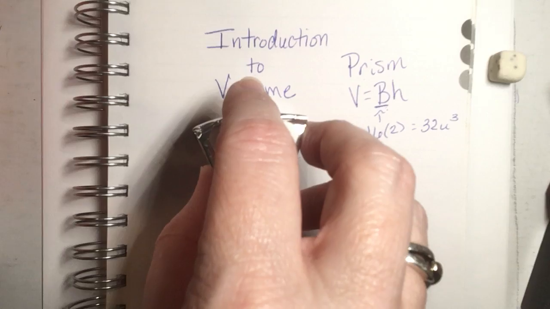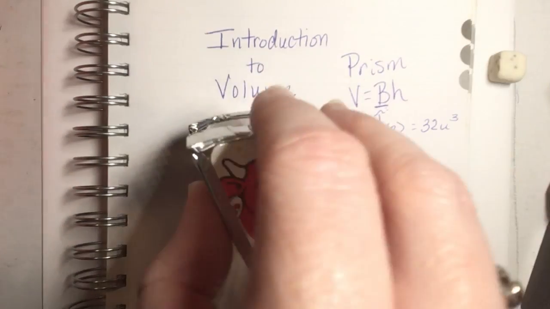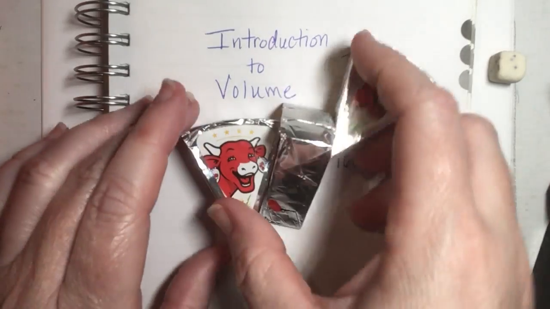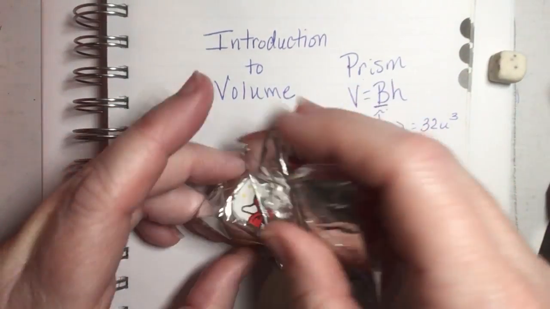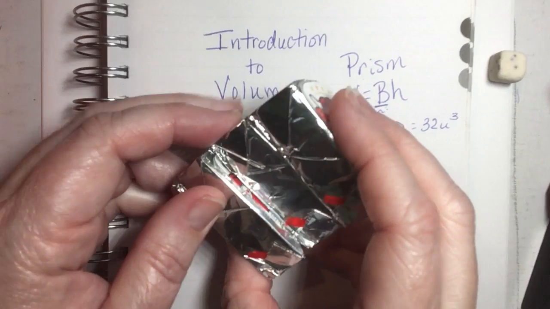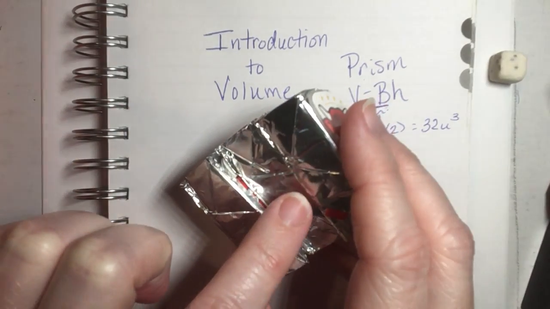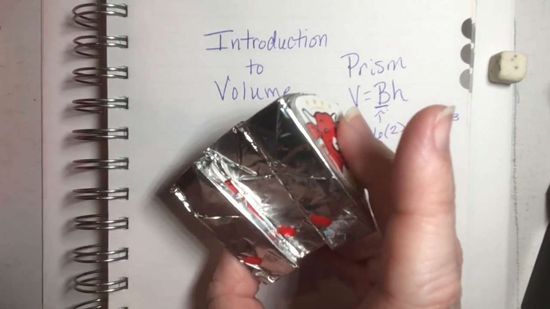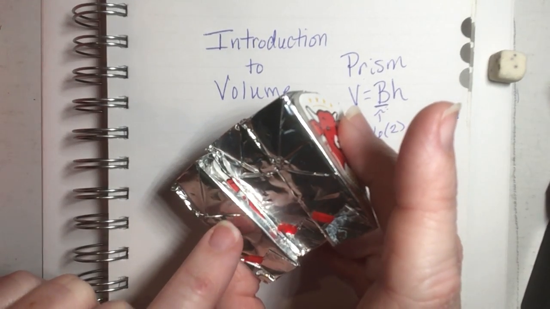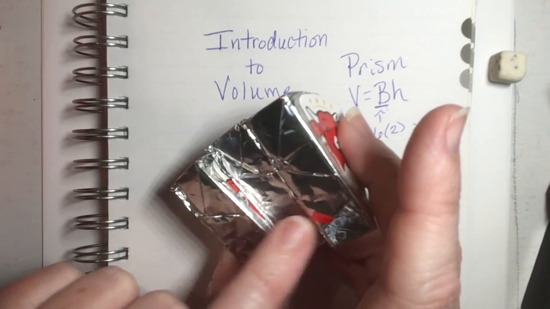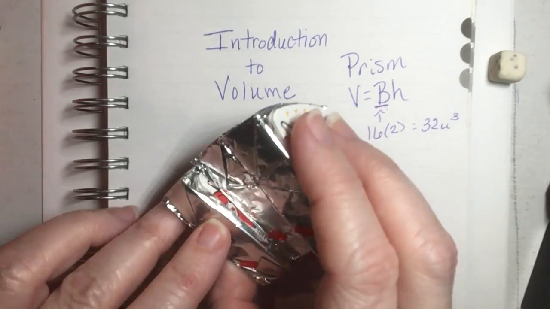And then if I stack, let's just say 3, we would have to take that and multiply it by 3. The number of cubes that fit in here would be the same number of cubes that fit here and the same number of cubes that fit here. So we would take the area of the base, which represents how many cubes fit in here, and multiply it times 3.